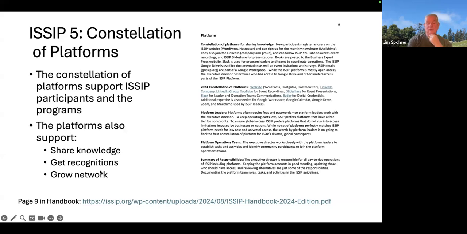We use Badger, for example, to give out digital certifications and grow the network. And page 9 in the handbook, and here's a little screenshot of it. You can see it's a very short page, describes the website, WordPress, and various other platforms that ISSIP uses. And again, we're always looking for volunteers who are knowledgeable to help us with these platforms.